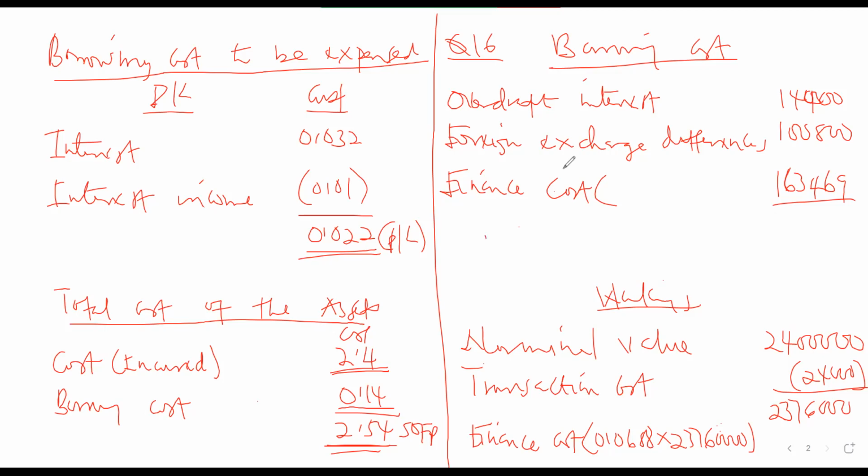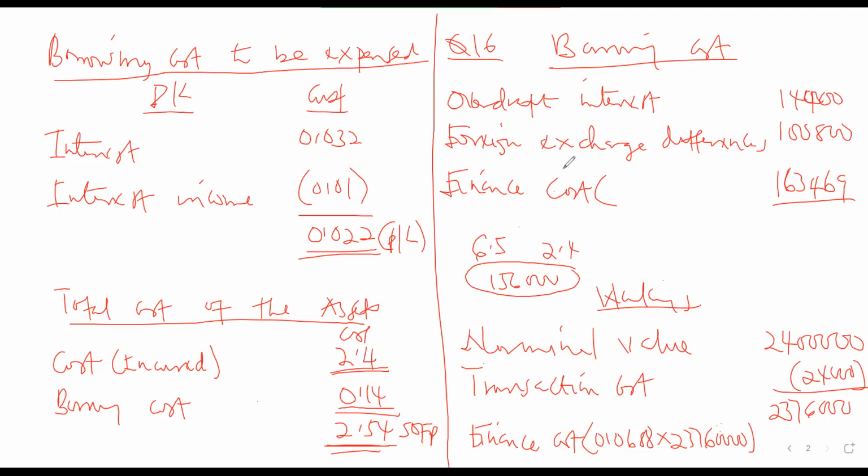We are going to be paying 6.5% interest on 2.4 million, isn't it? So how much are we going to be getting? 0.065, so that will be 156,000. This is the interest that we are paying on the loan.